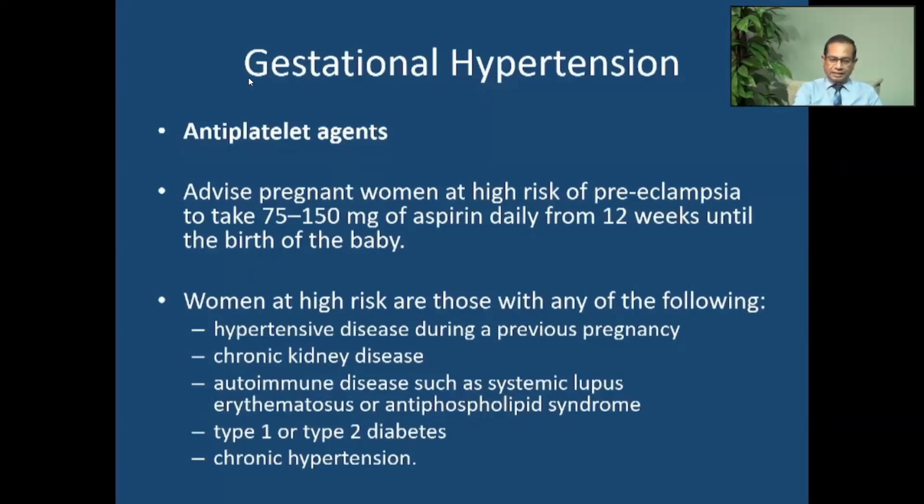So women at high risk are those with any of the following: hypertensive disease during a previous pregnancy, chronic kidney disease, autoimmune disease such as systemic lupus erythematosus or antiphospholipid syndrome, type 1 or type 2 diabetes, that is also important, or a patient with chronic hypertension.